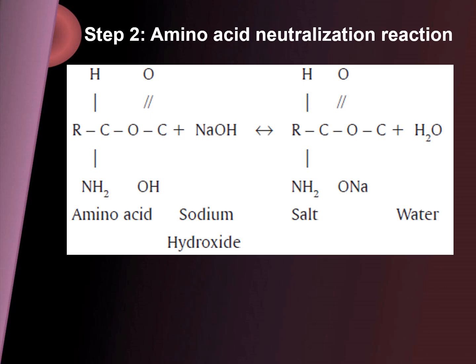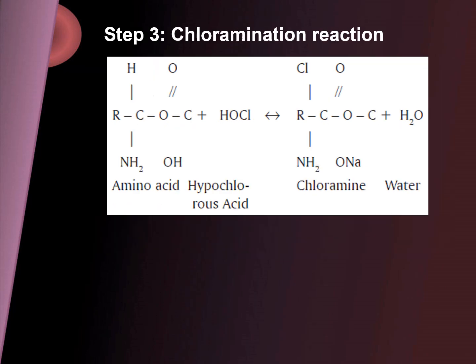With the exit of hydroxyl ions, there is a reduction of pH. The chloramination reaction between hypochlorous acid and the amino group forms chloramines that interfere in cell metabolism. Chloramine has an antimicrobial action, inhibiting bacterial enzymes and leading to an irreversible oxidation of the sulfhydryl group of essential bacterial enzymes.